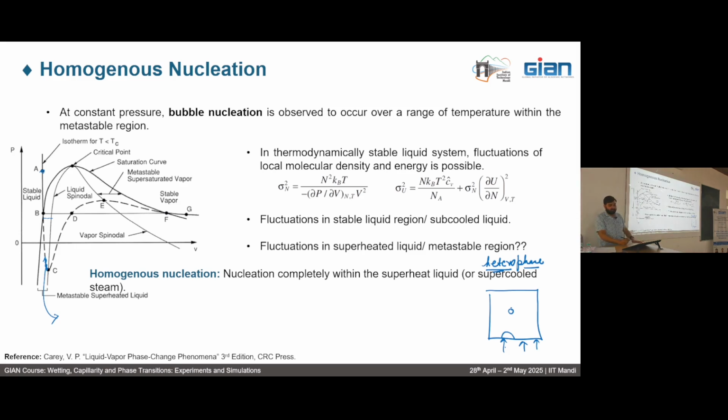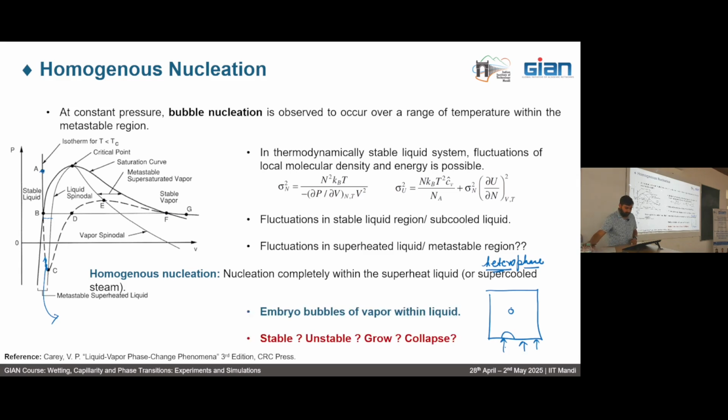This is called homogeneous nucleation. Towards the end of the lecture, we'll find out why it's very difficult to observe homogeneous nucleation in boiling. Usually we have heterogeneous nucleation. For example, when you boil water for your tea, the bubbles form on the surface, which is heterogeneous nucleation. Even the Nukiyama boiling curve is a case of heterogeneous nucleation.